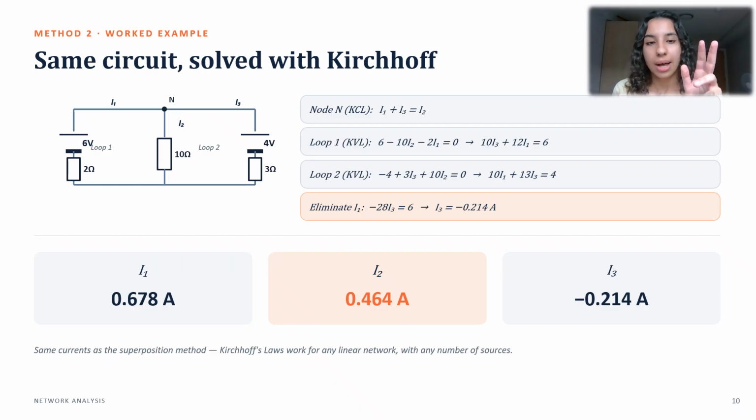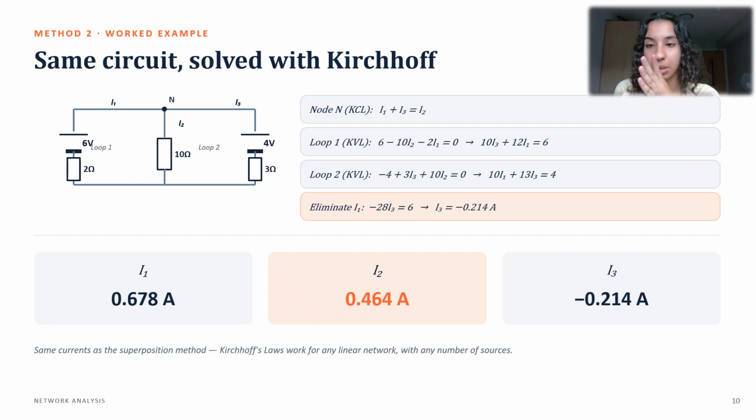So now we have to end up with I1 and I3 in the second loop as well. This is important: we say minus 4 volts plus 3I3 plus 10I2, using V equals IR. The reason we say minus 4 is because of the direction of the voltage.